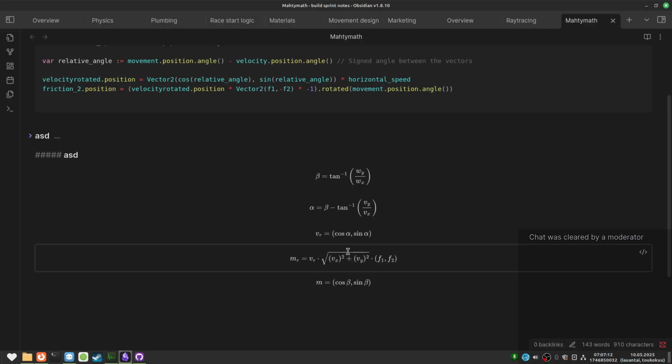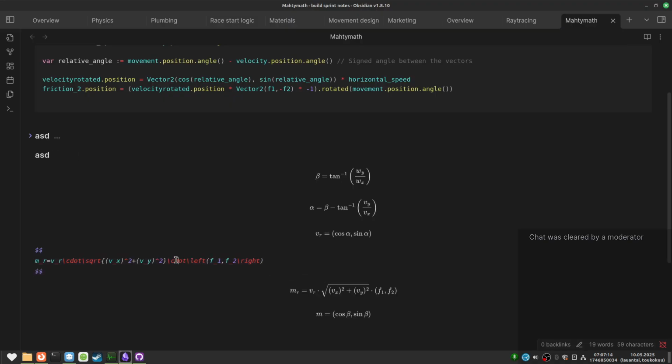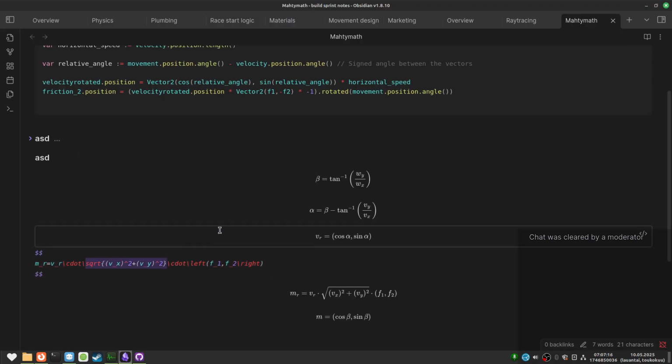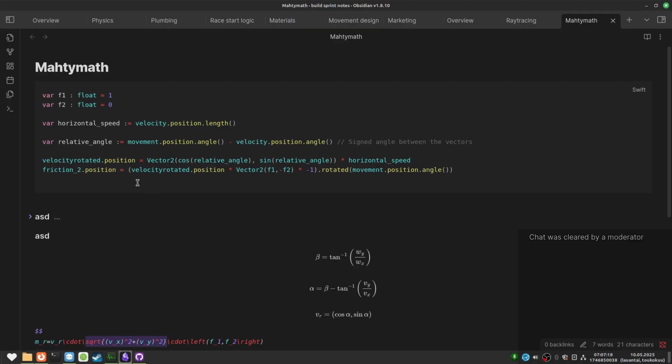What am I doing here? No, I don't need the length here yet. I don't think. Or do I? I do. I think the rotated velocity. I'm saying that the rotated velocity is... Yeah, we get the angle. And the friction to.